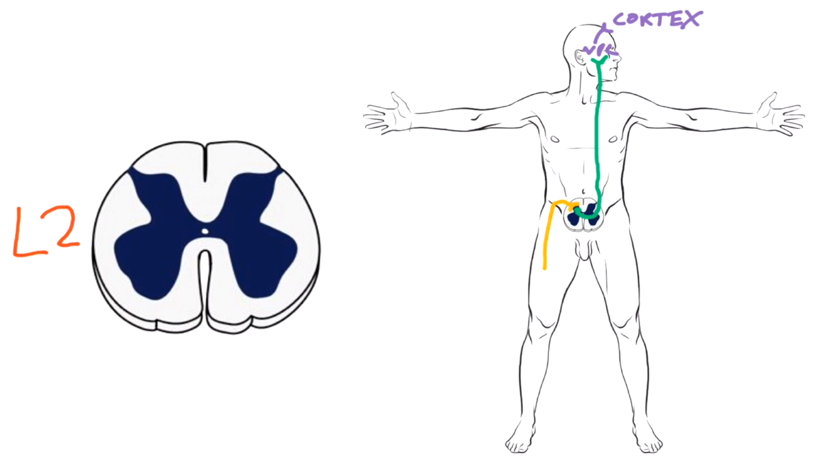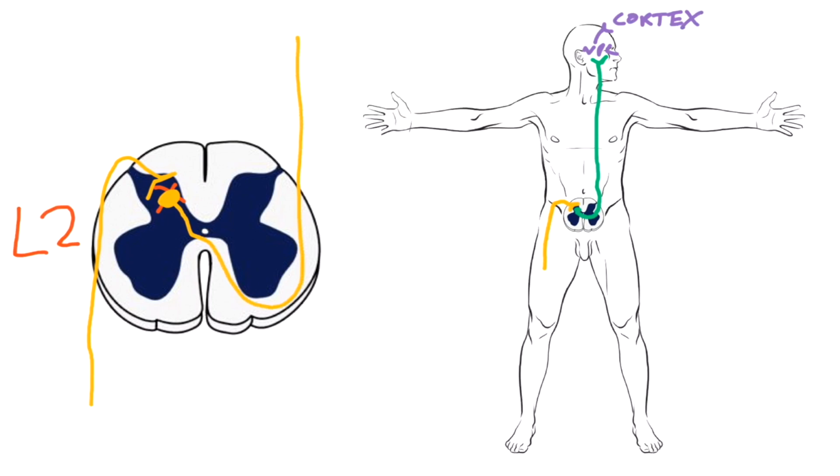Now if you damage the posterior horn of the gray matter right here, then you would definitely interrupt the spinothalamic tract at the L2 level, because the nerve would come up, and the first neuron would synapse here in the posterior gray horn, and then the second neuron would travel over and then travel up.